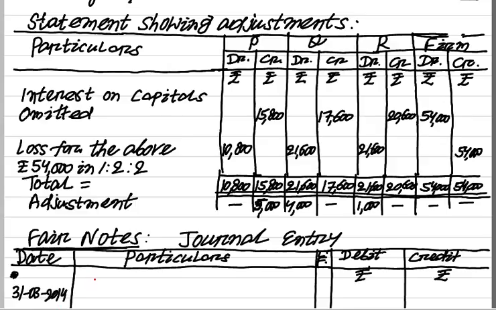Q's capital account debited as shown in the working notes, 4,000.